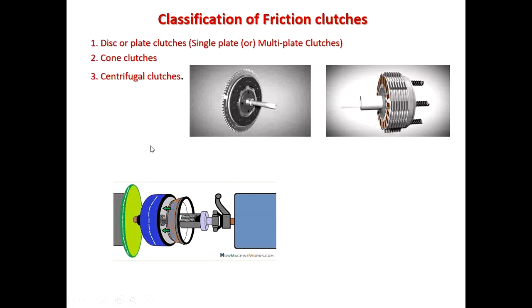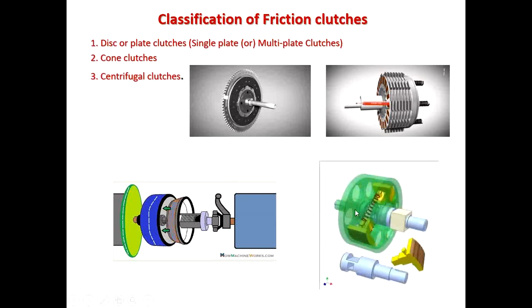Next, the third thing is the centrifugal clutch. It is something different from these types of clutches. Here it utilizes the speed. Whenever the vehicle reaches a certain speed, it will start to engage the other shaft. So it is normally used in vehicles like a scooty. If we move up to a particular speed, it will go slowly.